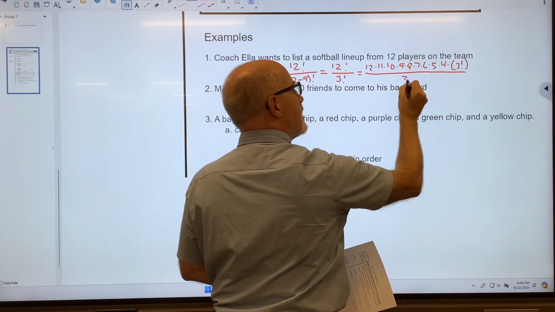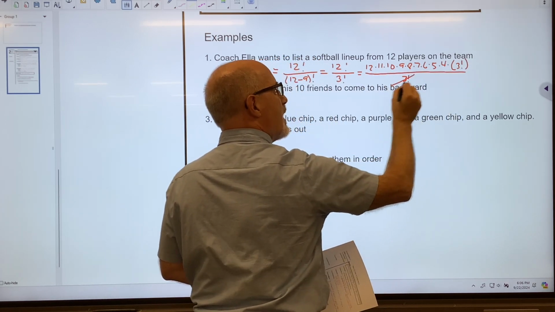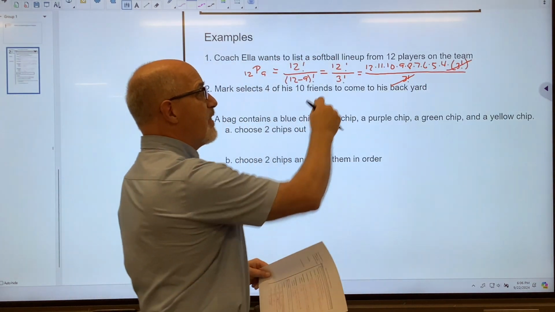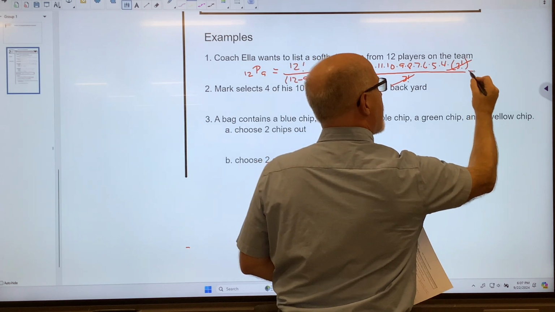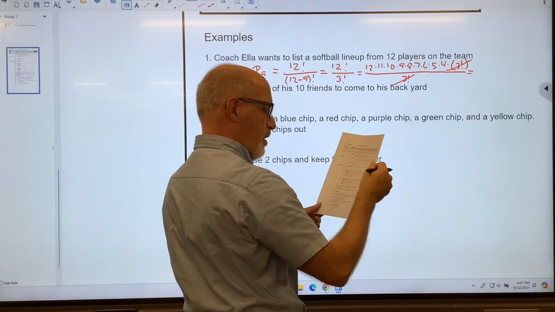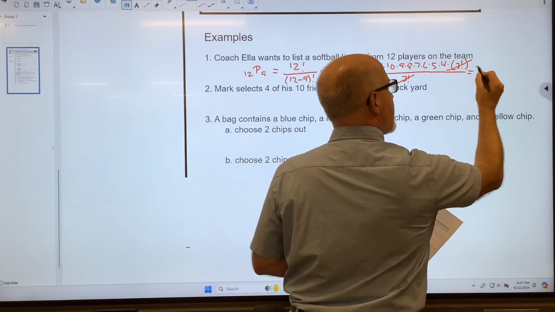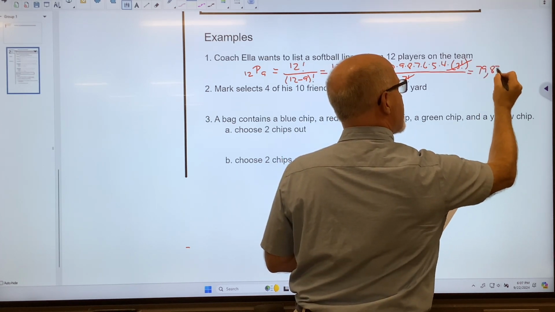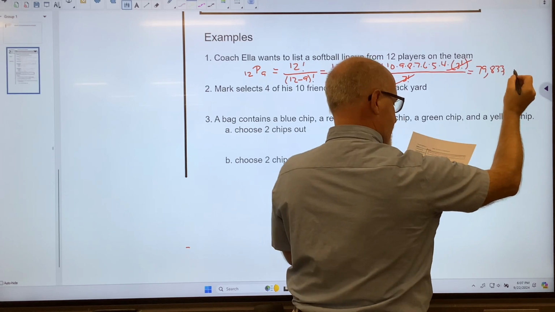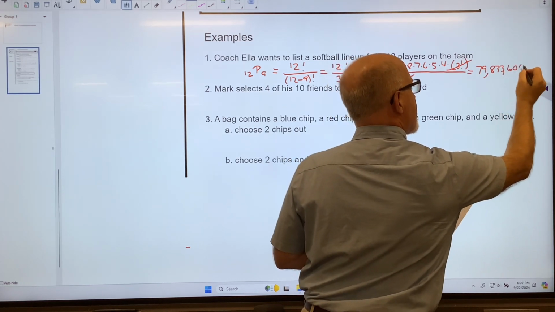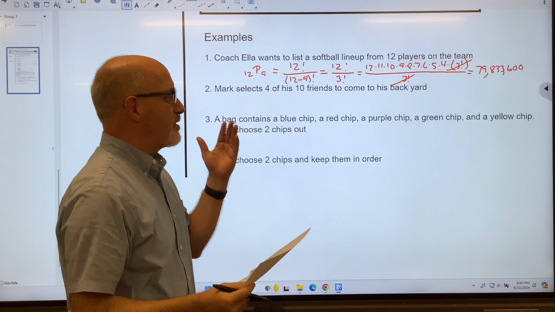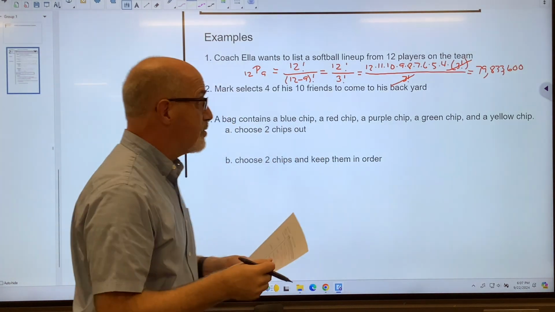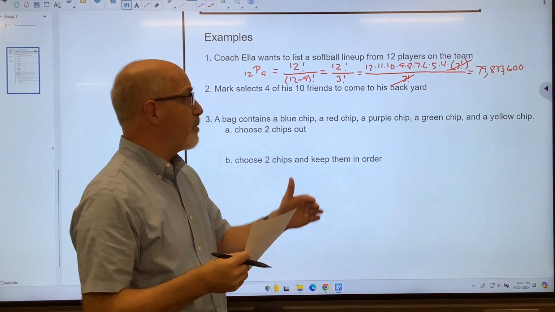When you're reducing, you can always reduce off the 3 times 2 times 1 as just a 3 factorial. Then we multiply these together, and we get a total of 79,833,600. So it makes a big difference for putting them in order. That's a lot of different possibilities of lining those athletes up onto the team.